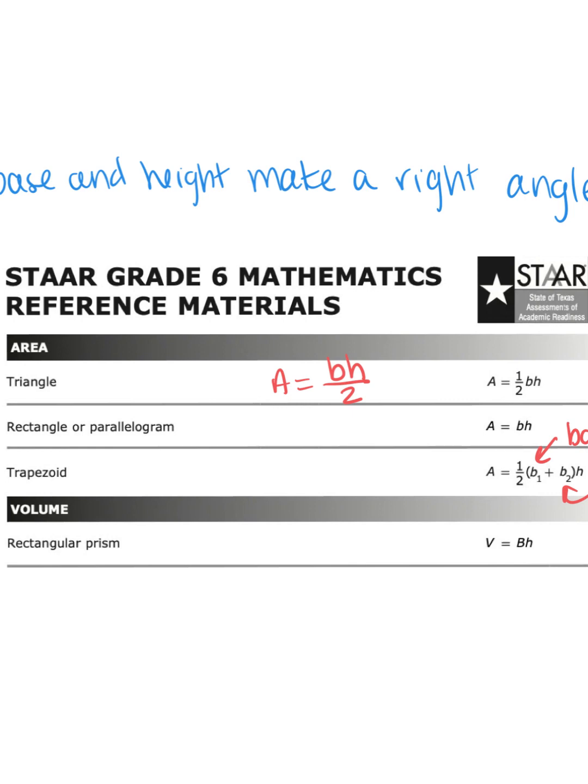So we have A equals 1/2 base 1 plus base 2 times the height, but we also said that could be A equals base 1 plus base 2 times the height divided by 2. They are the exact same formula, just written in different ways. So it doesn't matter which one you use. We've just been using the one that's dividing by 2.